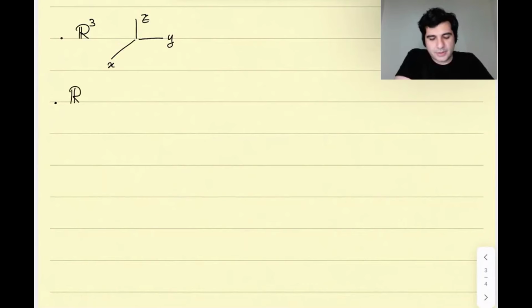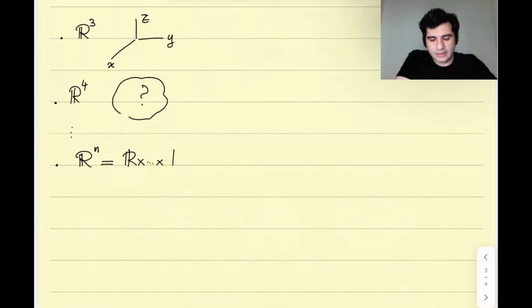And then things become even harder, we can't even imagine R4, right? It's not easy to imagine that. However, both mathematically and also maybe in the physical sense, it makes sense to think about any dimension, Rn, for any natural number n. I think about Rn as R times R, n times, which essentially means any point here can be described with n real numbers.